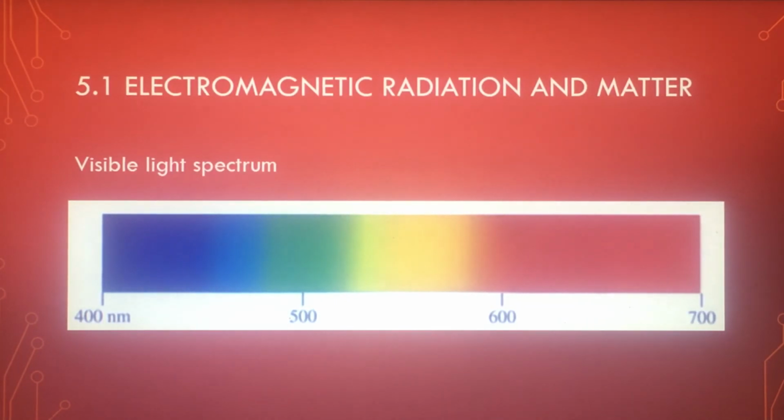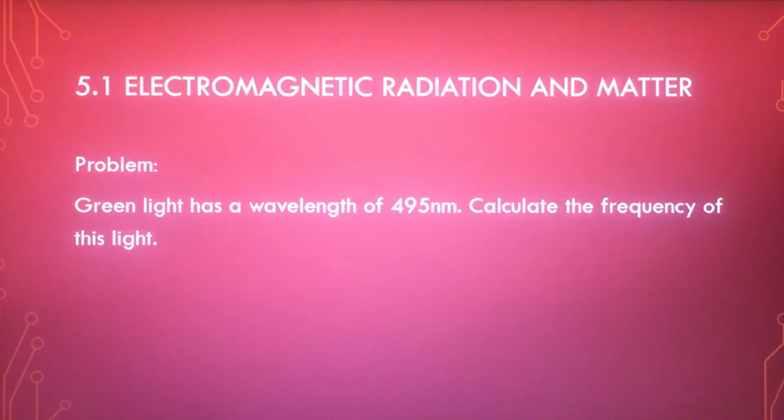Let's try some problems with that. Green light has a wavelength of 495 nanometers. Calculate the frequency of this light. In this problem, we're given the wavelength and indirectly given the speed of light.